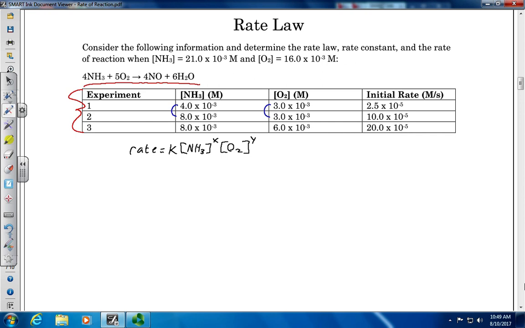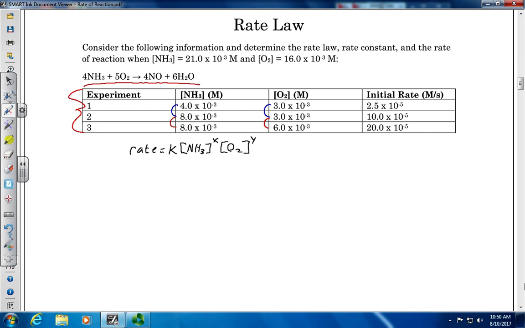Conversely, experiment 2 and experiment 3 shows an increase in its molecular oxygen concentration, but no increase in its ammonia concentration. You could just as easily choose experiment 1 and 3 and pair those off, and experiment 1 and 2 and pair those off, just as easily as one or the other.